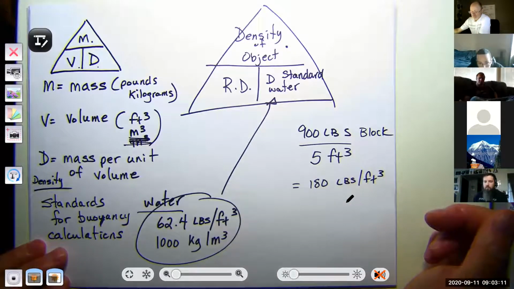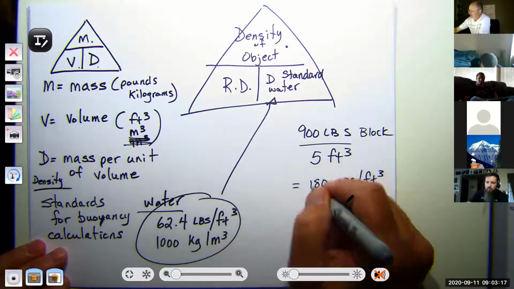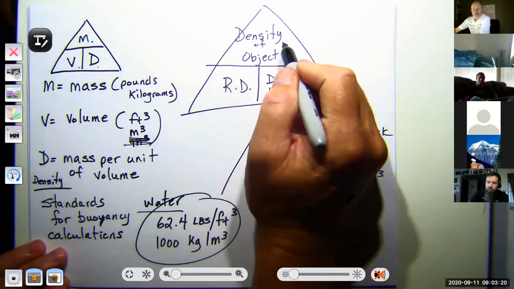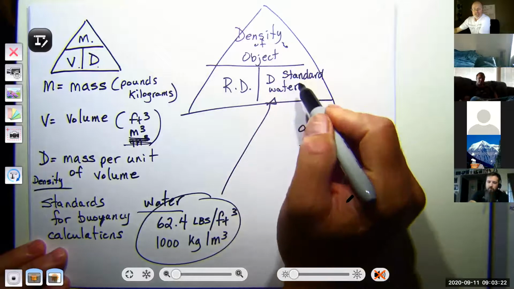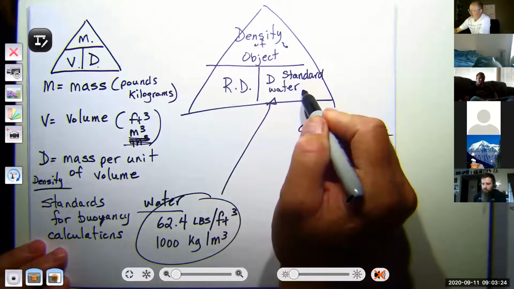Perfect. Now to find the relative density of that block, we simply take the density of the object right up here divided by the density of the standard.